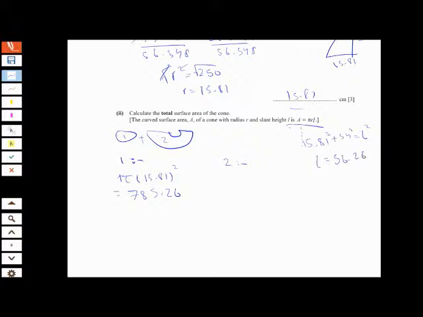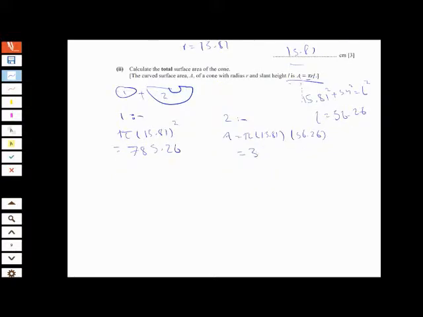Now that we have the slant height, we can use this equation to find the area of the curved surface. Pi times 15.81 times 56.26 gives 2794.354.